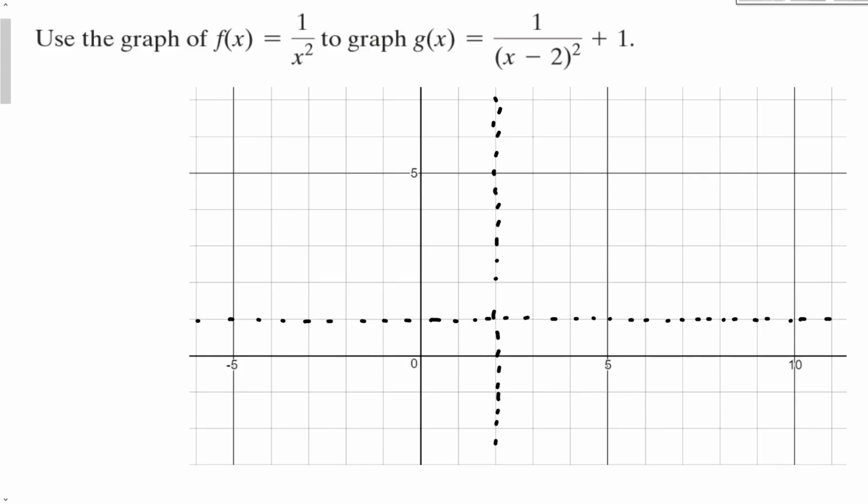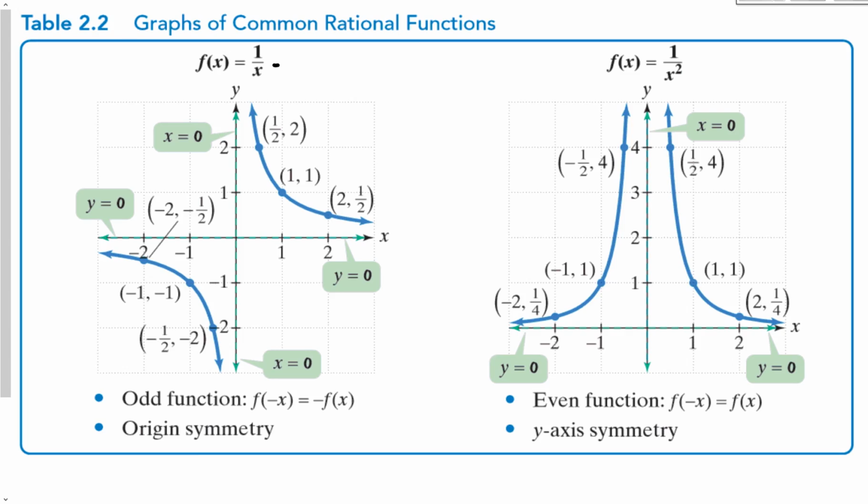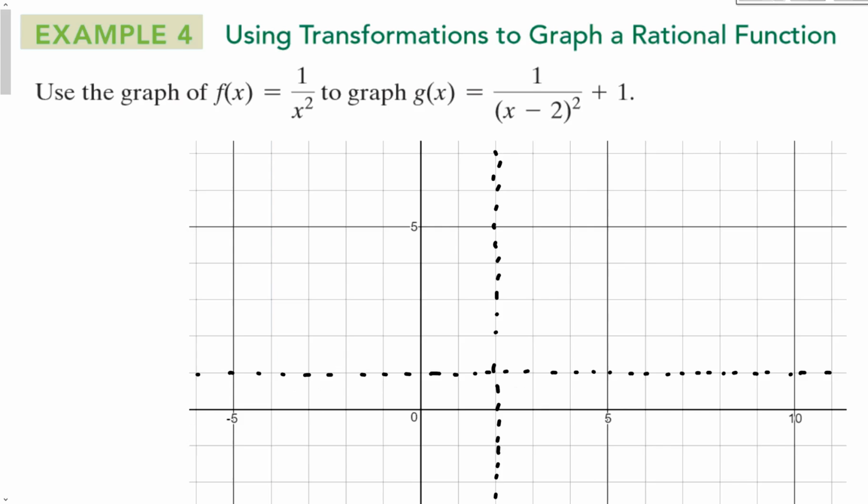Okay, so if I look at my parent function again, this had a point of (1, 1). My point of (1, 1), I can simply shift right 2, up 1. And reflect it across, because it's even symmetry, and its symmetry now is going to be this line right here.